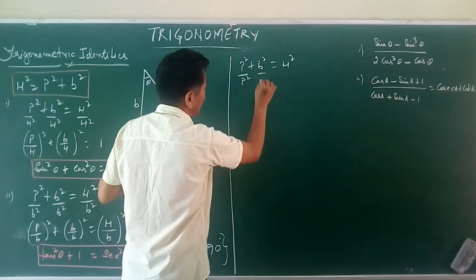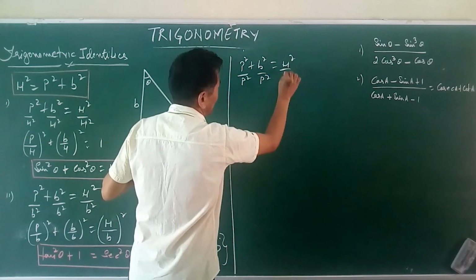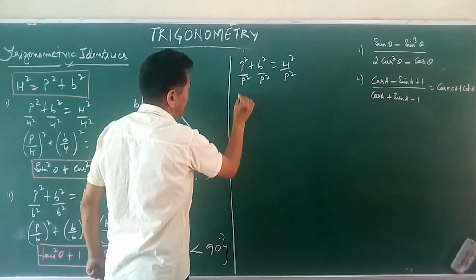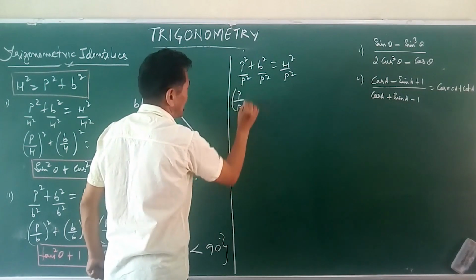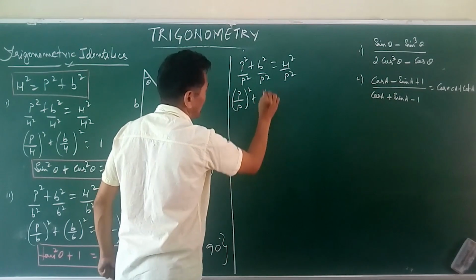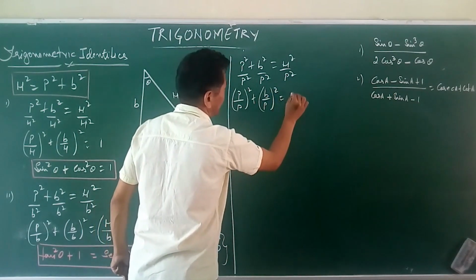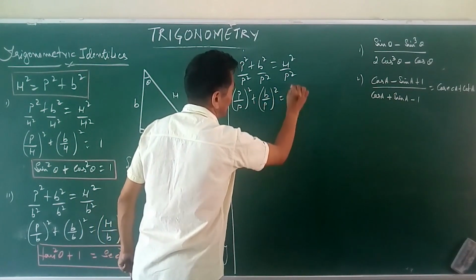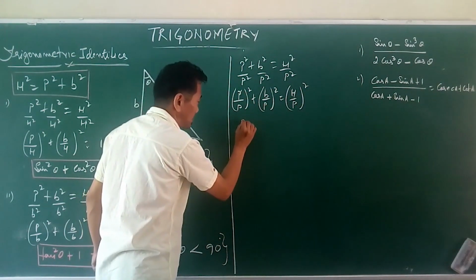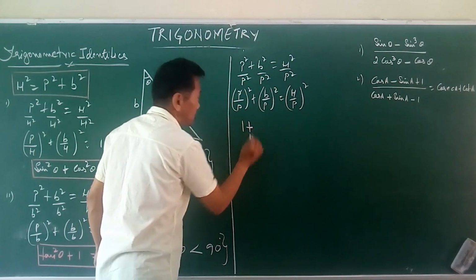So here p square, and here p square, and p square. Exactly the same here: p by p whole square plus b by p whole square is equal to h by p whole square. And p cancels, it's a 1 plus.